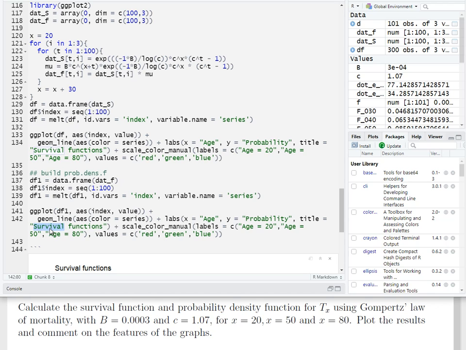Here we need to change the title to density functions.